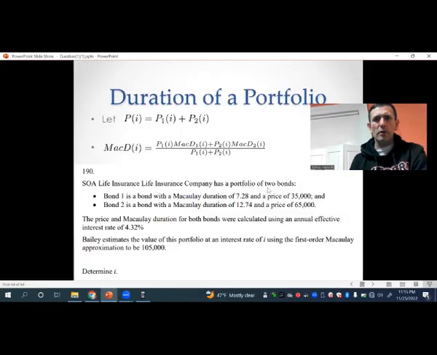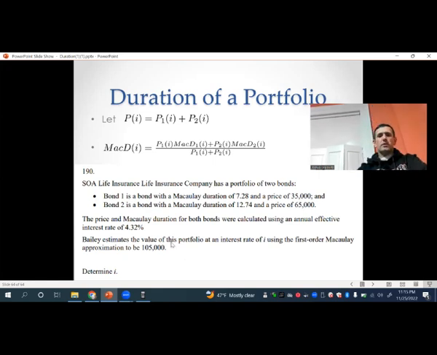So anyway, this has a portfolio of 2 bonds. It's absolutely irrelevant that these are bonds. Bond 1 has duration 7.28, price 35,000. Bond 2 has Macaulay duration 12.74, price 65,000.